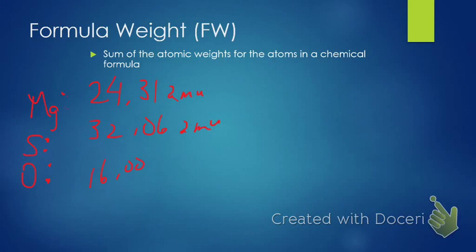However, we have 4 of them, and so we're going to have to multiply this by 4, because remember, the chemical formula for it is MgSO4. So that would be equal to 64.00 AMU.